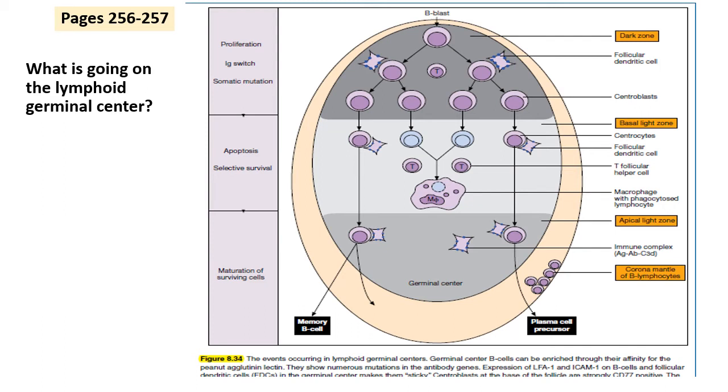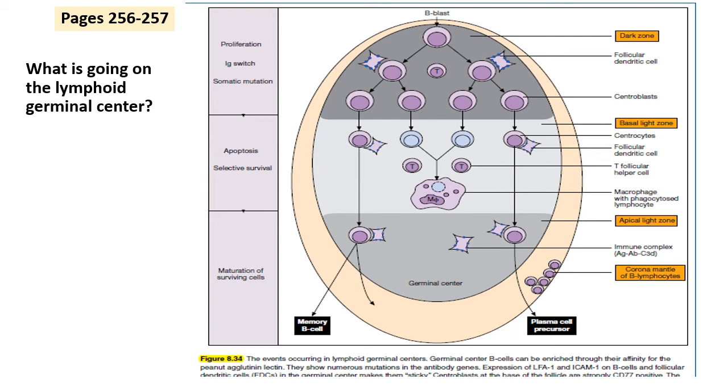Also, as you can see, the antigen is deposited on the surface of follicular dendritic cells, like a dot on the follicular cells. And there are also antigen-specific follicular T helper cells, which are critical for generation and maintenance of follicles, of course.